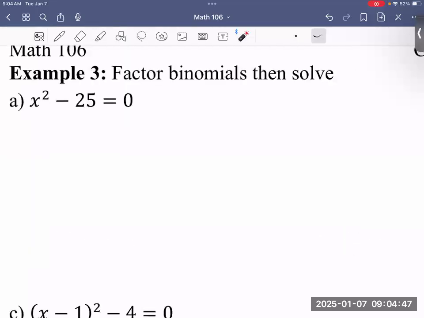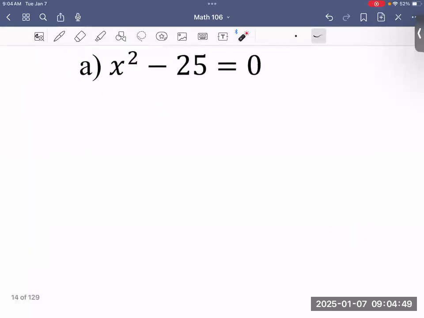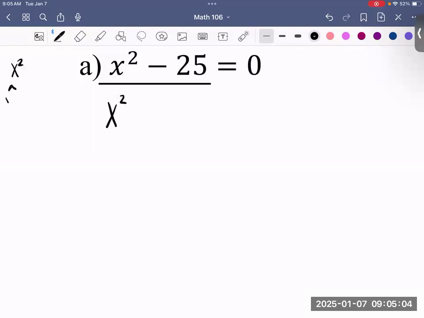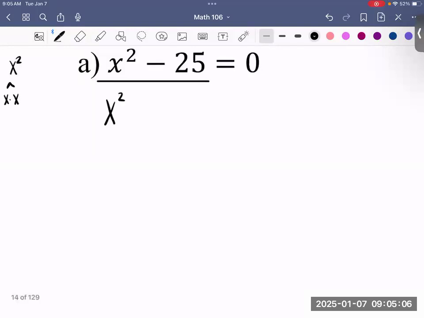What I mean by that, if I look at A, is that your perfect square, right? Right here, if I were to write it out, how many x's are there? Well, there's two x's, right? A perfect square is a number multiplied by itself. So x is already squared. X squared is just x times itself. 25, what number makes up 25?